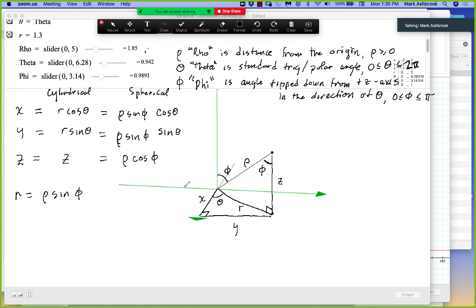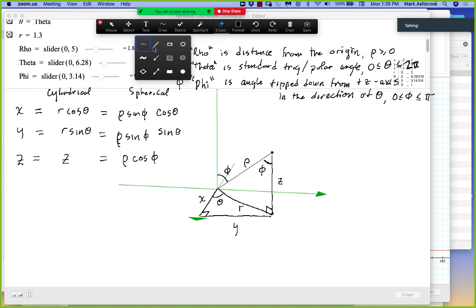Okay, good so far? Okay, what else do we need now? Now we also know this is how r relates to spherical coordinates. So in spherical, r was rho sine phi.